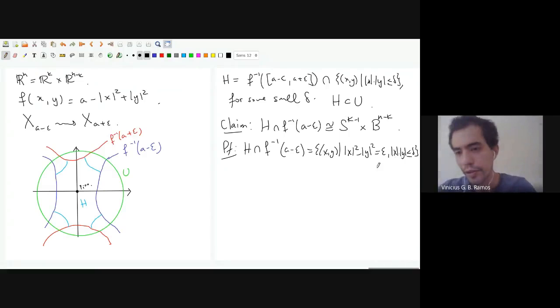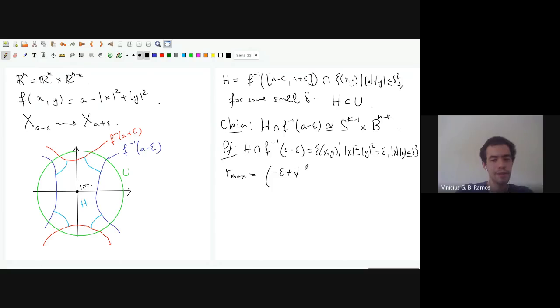You see that you have complete freedom on y to go all the way to 0. So what I'm going to do is figure out what the maximum radius of y is to satisfy this. So the maximum radius, I did the calculation. This is minus epsilon plus the square root of epsilon squared plus 4 delta squared, over 2, to the 1/2. And then now you can define a diffeomorphism.